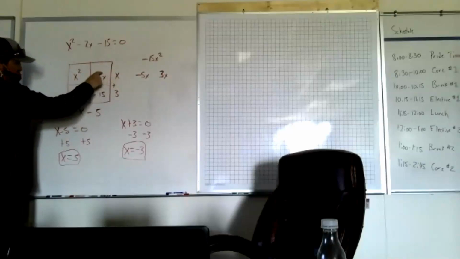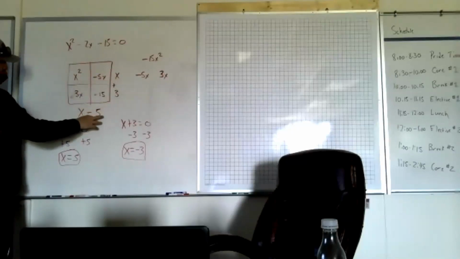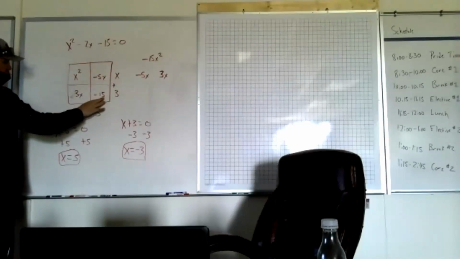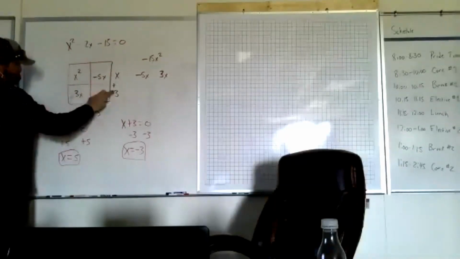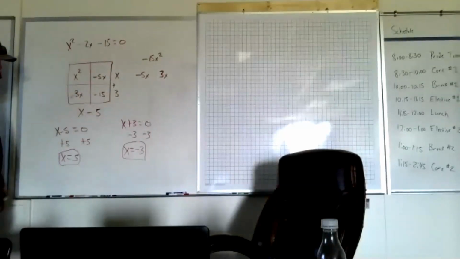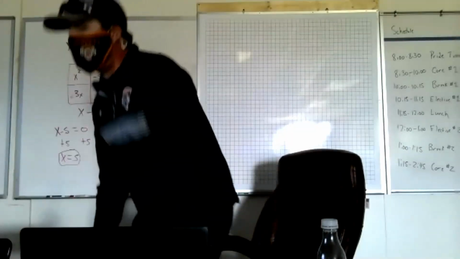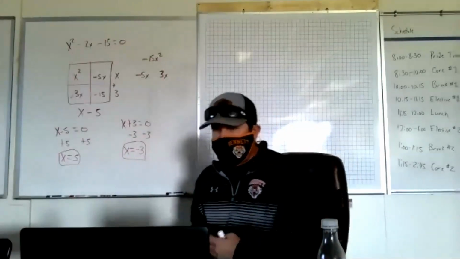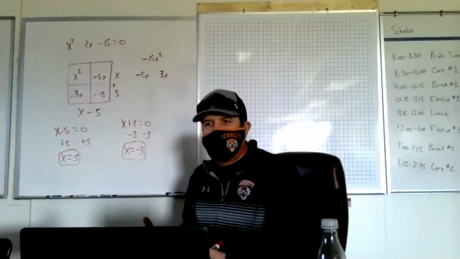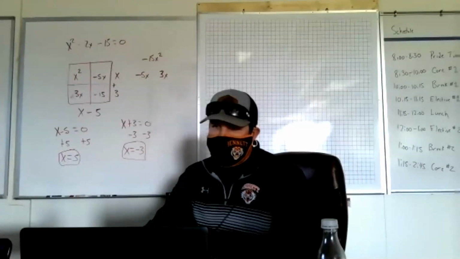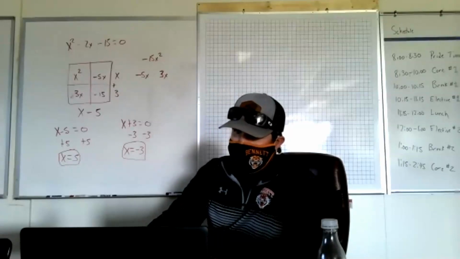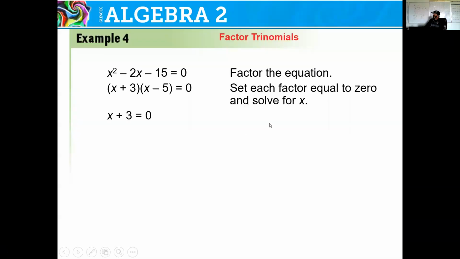Negative 5 times x is negative 5x. Negative 5 times 3 is negative 15. x times 3 is 3x. That's a built-in check with the box method, so we don't have to factor all these things, run it through FOIL and say, oh no, my answer doesn't work. It has a built-in check right there. It's a little bit nicer, a little bit more process-driven way to solve these equations.